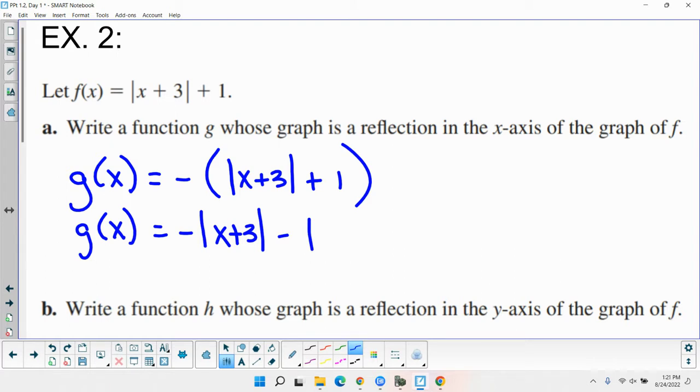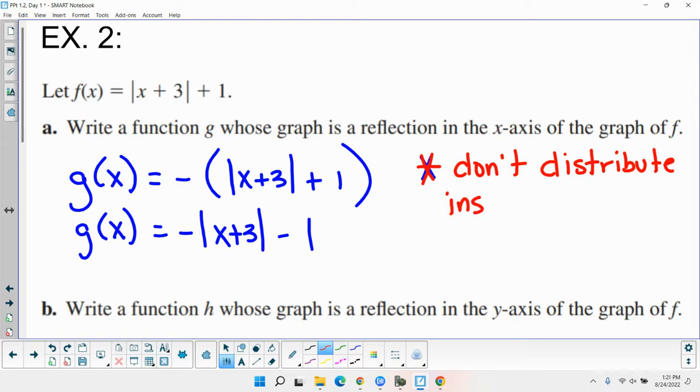You cannot distribute the negative into the absolute value. Okay? You just leave that negative sign out front. Don't take that in there.